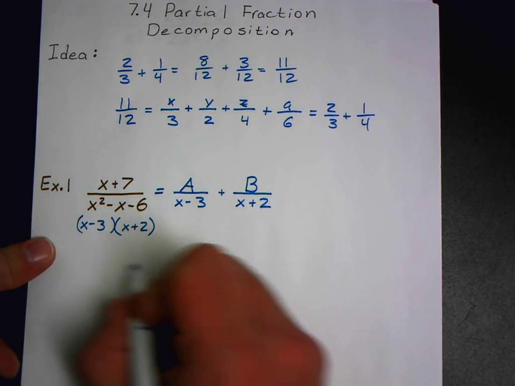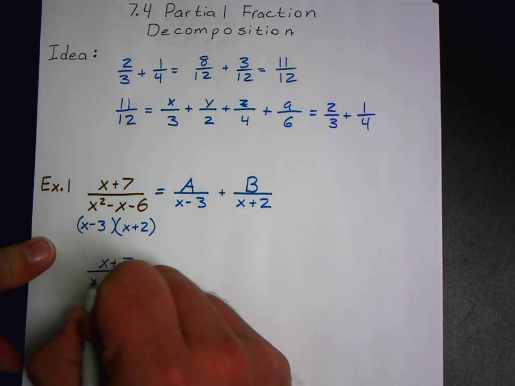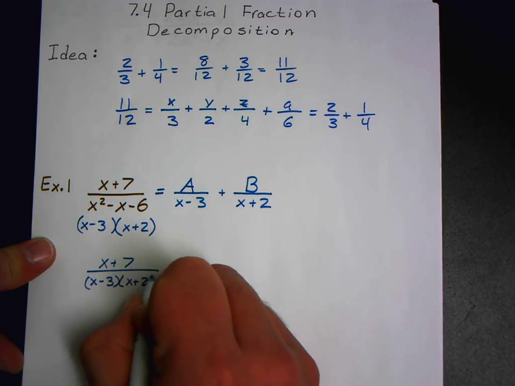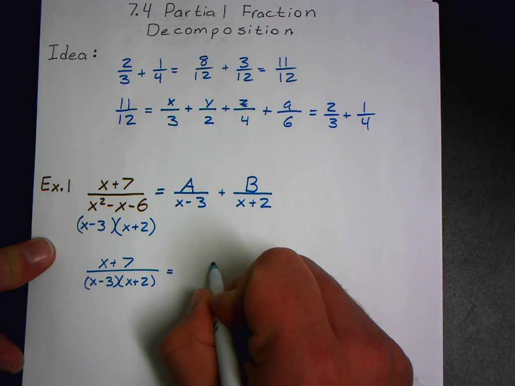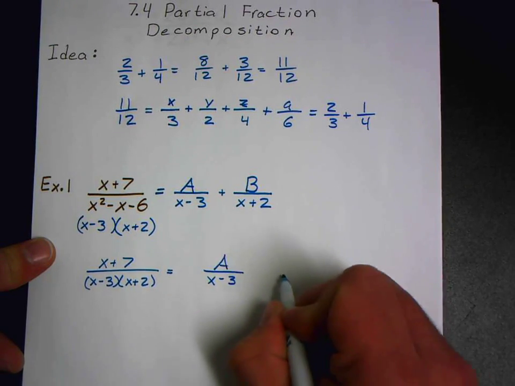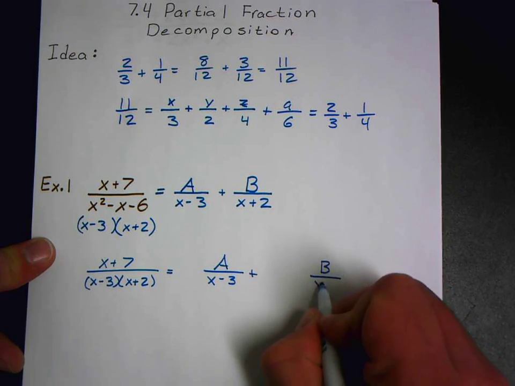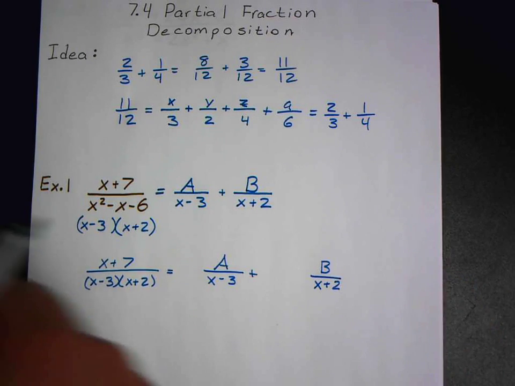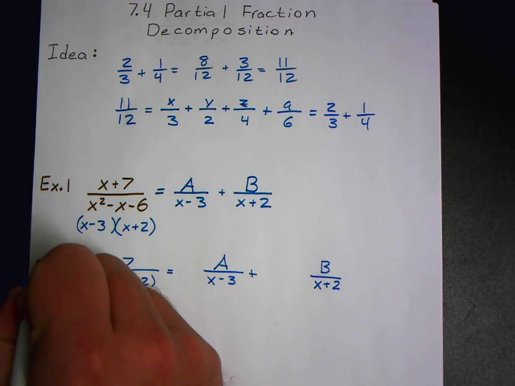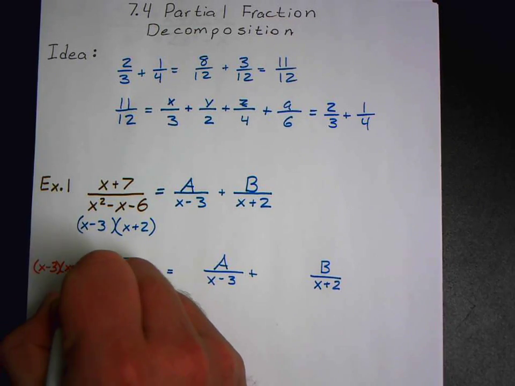So what I'm doing is I'm going to take both sides times x minus 3, x plus 2.